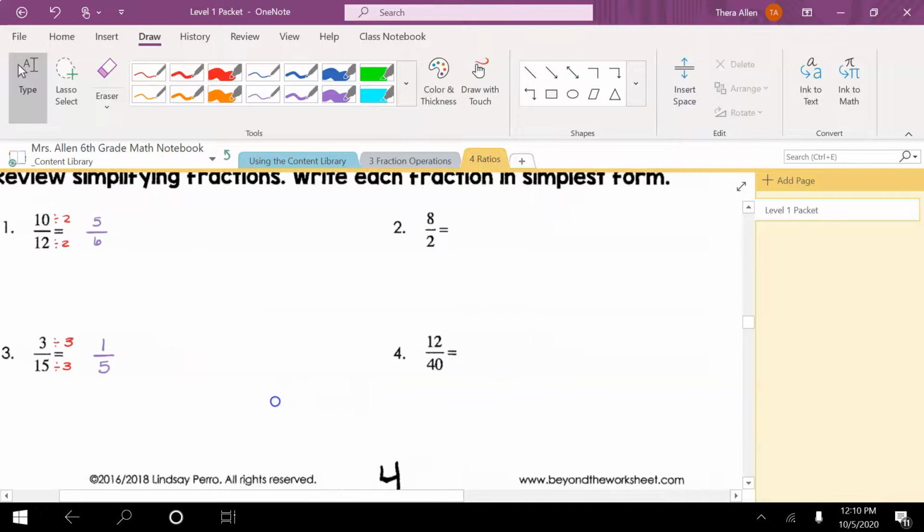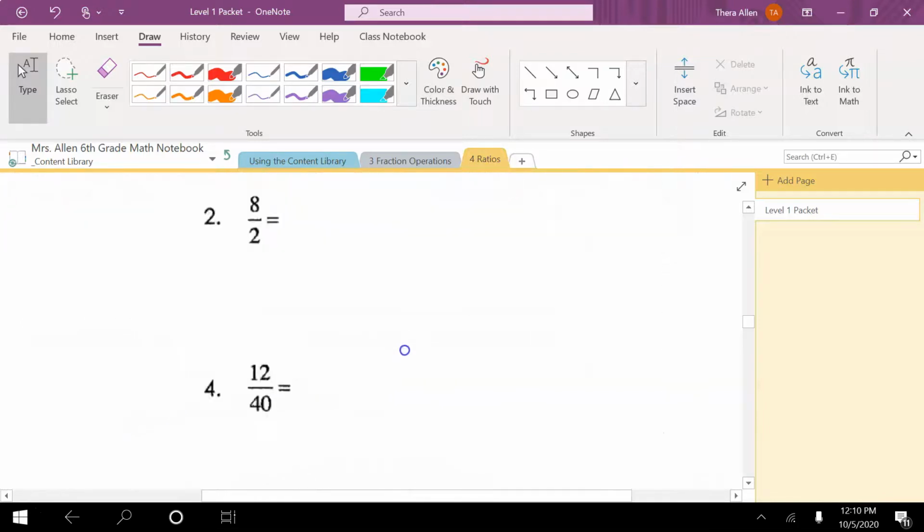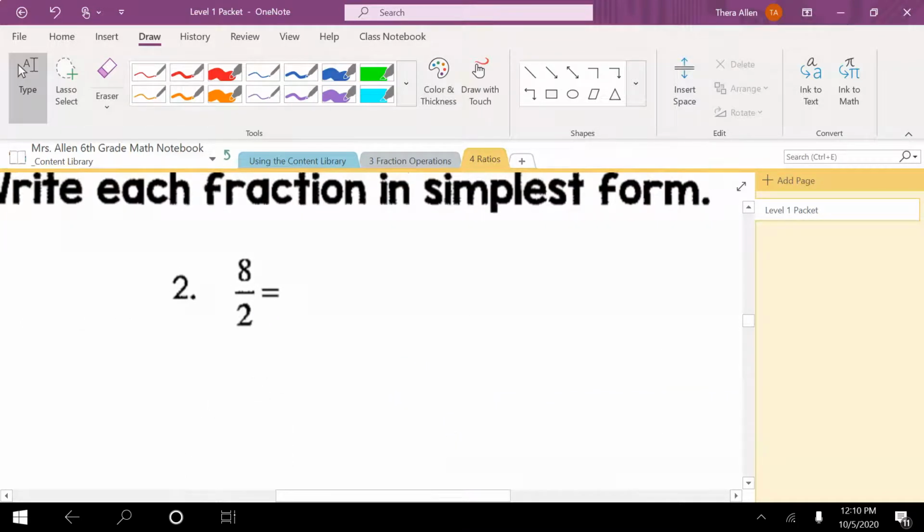Next, we have 8 over 2 and 12 over 4. 8 and 2 have a common factor of 2. I divide the top and the bottom by 2. 8 divided by 2 is 4. 2 divided by 2 is 1. If this was a fraction, we could simplify it to 4. If this is a ratio, we simplify it as 4 to 1.